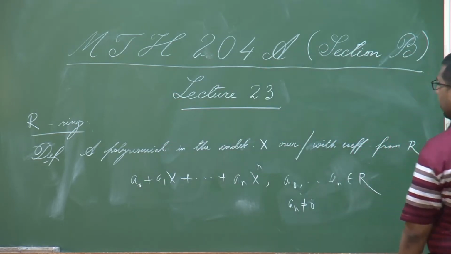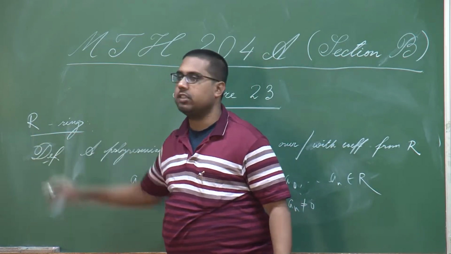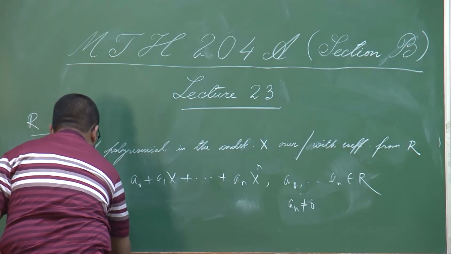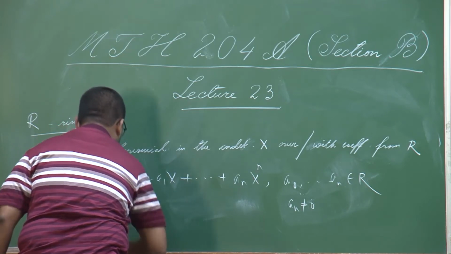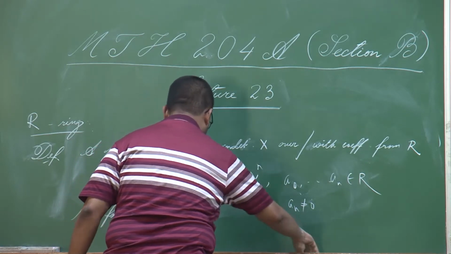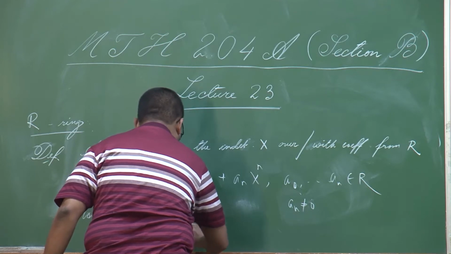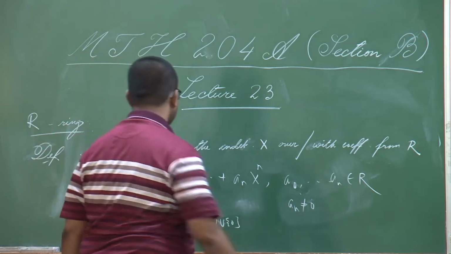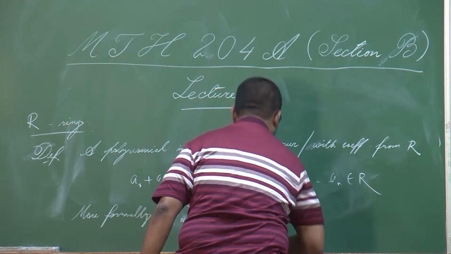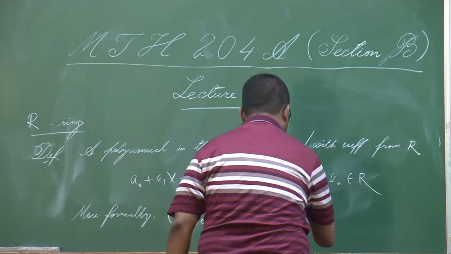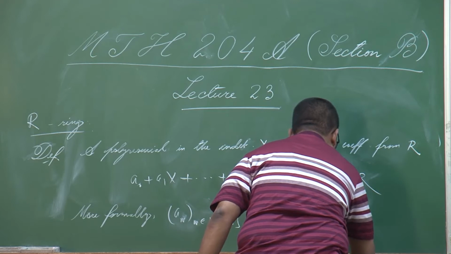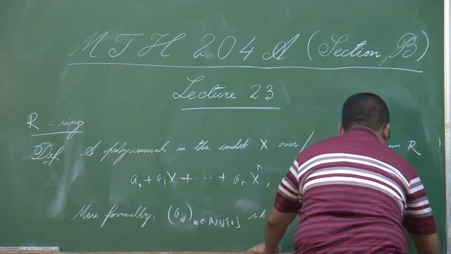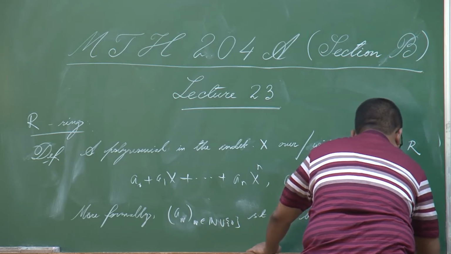So, the formal definition of a polynomial with coefficients from R is the following: I can write here more formally, it is a sequence indexed by the natural numbers union 0, a sequence whose all but finitely many terms vanish, terms are 0. Okay.